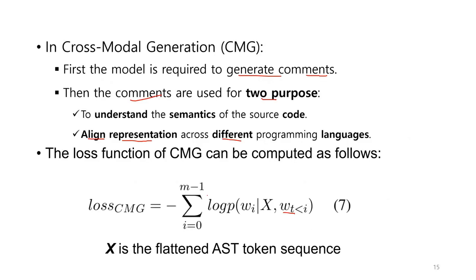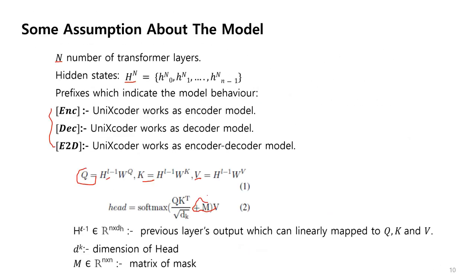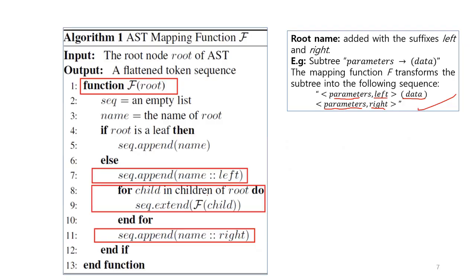For clarity, if we go back to the mapping function, the parameters left and parameters right are just non-terminal AST representations. The actual source code tokens are this one.